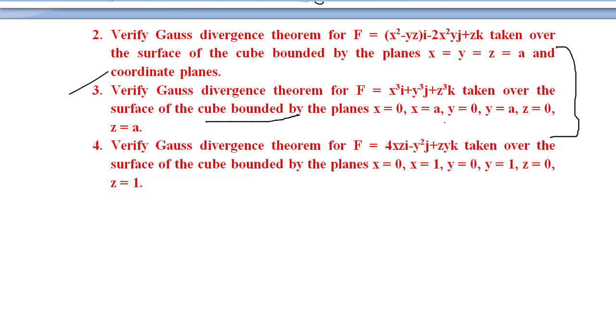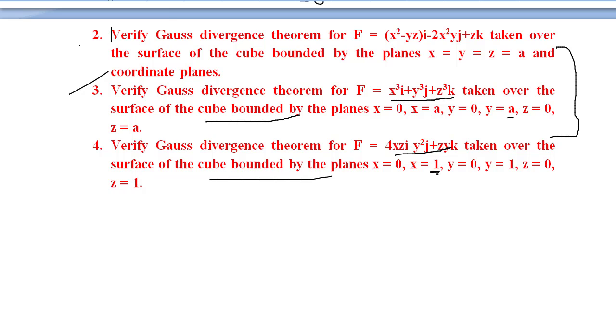Cube diagram, all sides are equal. In our parallelepiped, put b equals a, c equals a, and you will get the same diagram. So f is a totally different question. In the third question, f is given, and again a cube is given, but whose side is 1 only. In the previous problem it was a, in this problem 1 only.